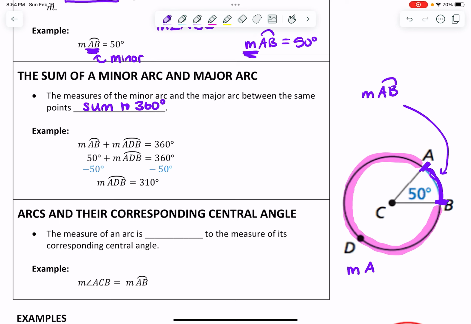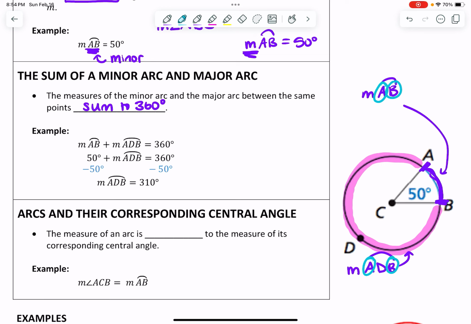So I can say the measure of the major arc. I'm going from A, and I'm going the other way around. In the major arc, I have to add one extra point along the route. So I have arc ADB, and that's this pink guy over here. I know they have the exact same endpoints because I can look at those letters in which the arc starts and ends, right?